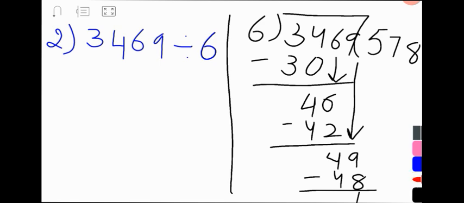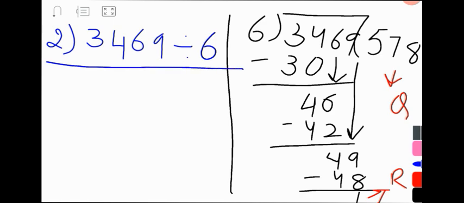So here our quotient is 578 and our remainder is 1. So we have reached our answer. Now it's time to cross check our answer. We again use the same formula: dividend is equal to divisor multiplied by quotient plus remainder. We will take all this from our solution.